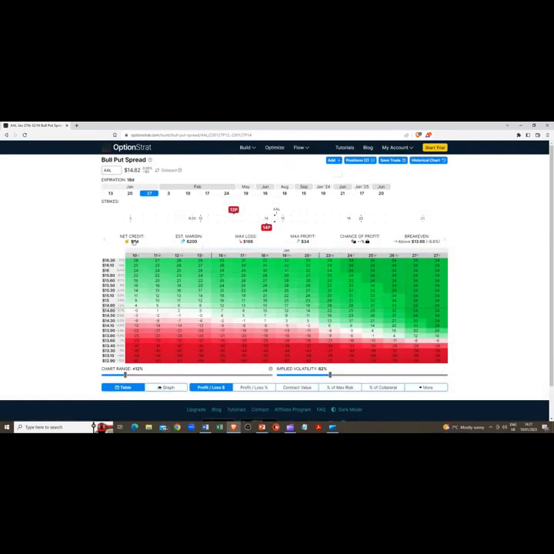And the resultant effect is that you receive a net credit of $34, but you will have to block out $200 from your collateral so that you can cover any potential loss.